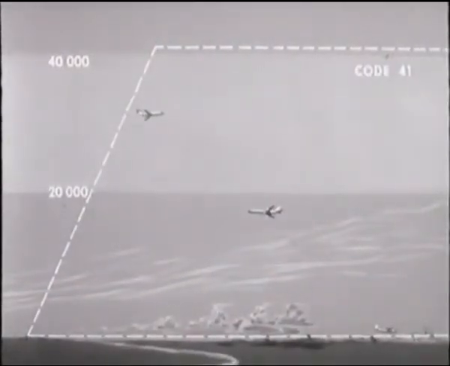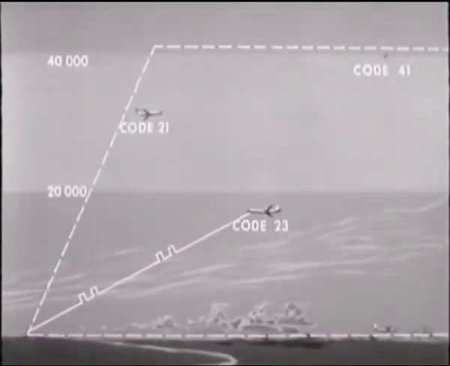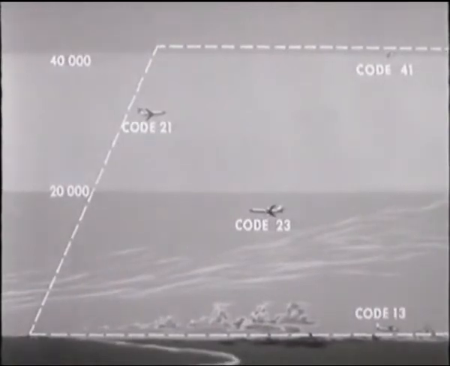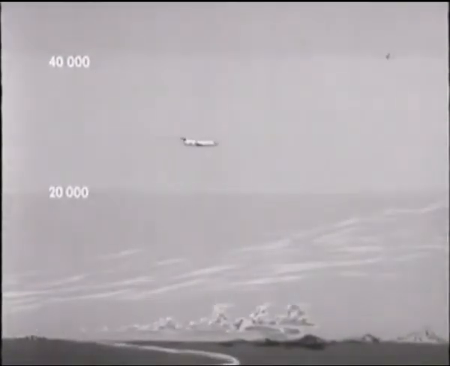Similarly, different codes may be assigned to aircraft cruising above a specified flight level and those flying below it. Thus, identification of aircraft under control is always available to the radar controller, and traffic can be monitored continuously with much greater ease.